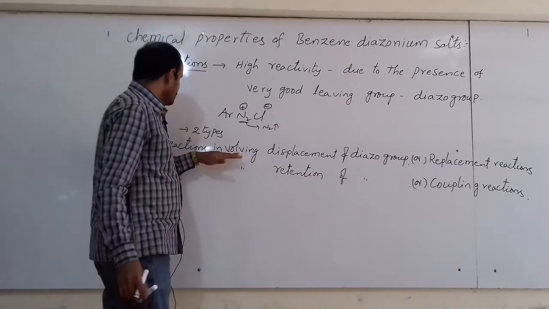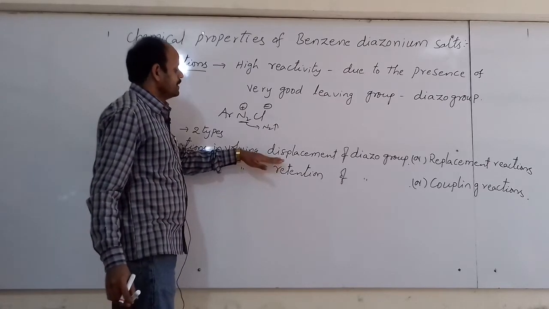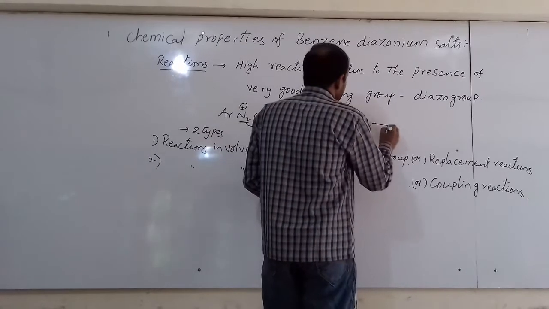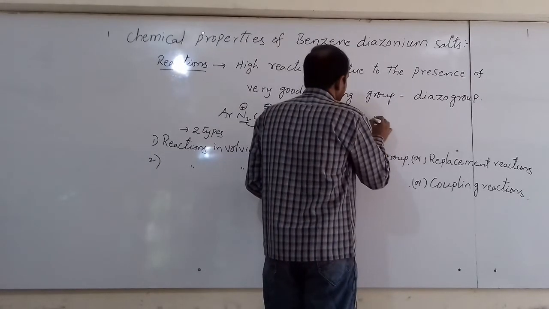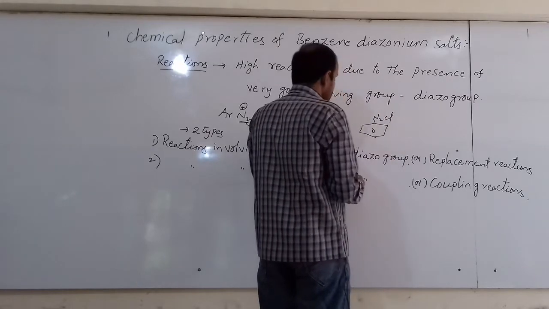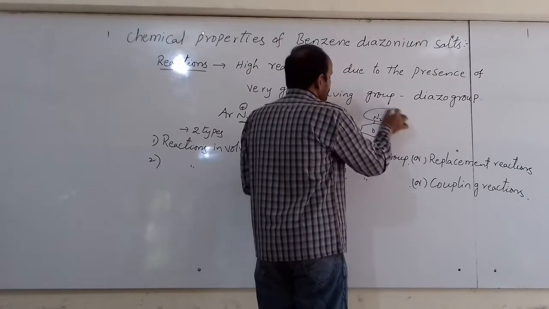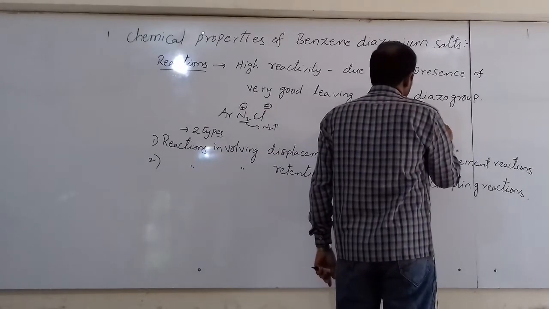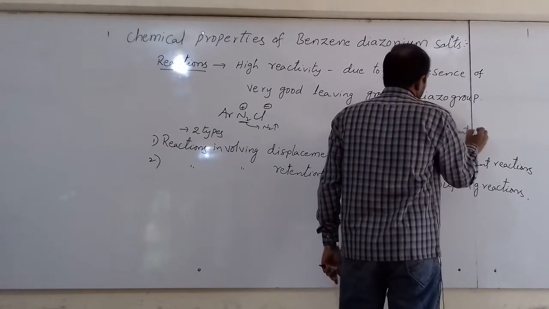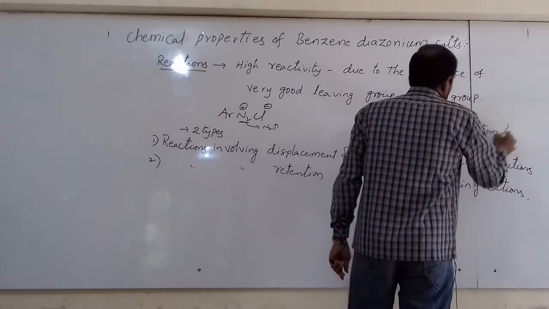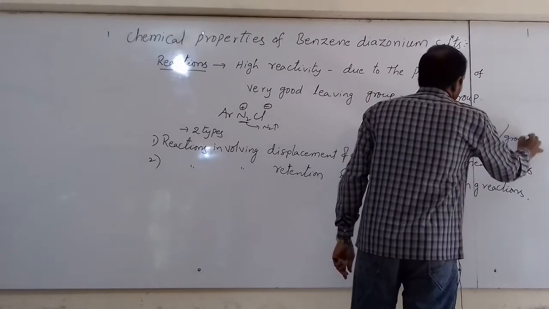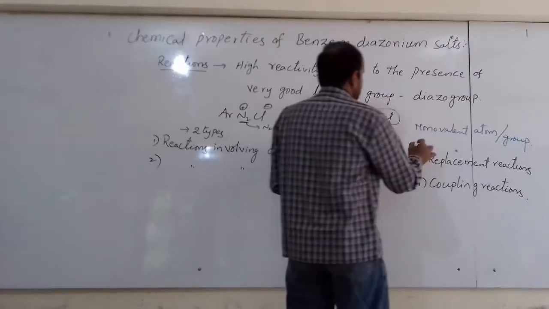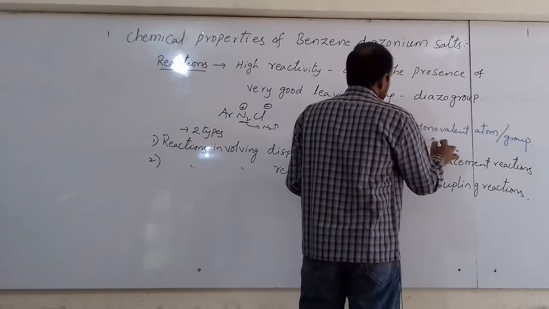If you take benzene diazonium chloride N2Cl, this group is completely replaced by a monovalent atom or group, and N2 is removed as N2 gas.